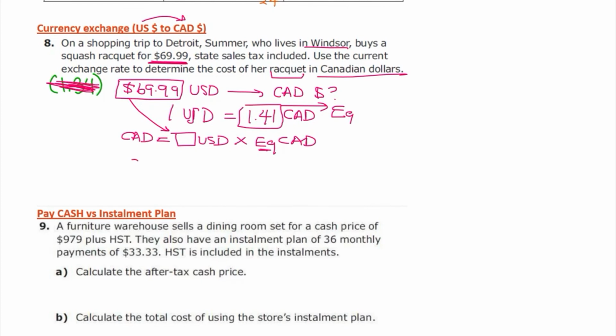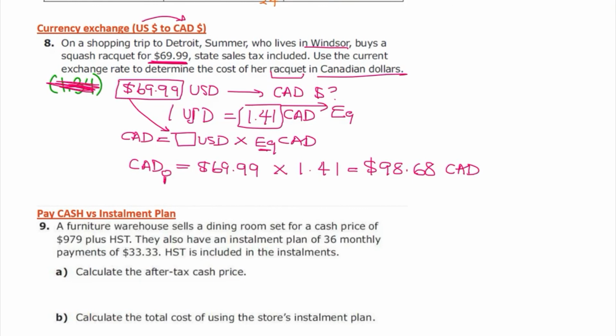So to find the Canadian dollar price of the racket, I'm going to make this symbol here a racket. It doesn't look like a racket, but we'll go with that. This is equal to $69.99 US times 1.41 Canadian dollars, and this gives us $98.68 Canadian.